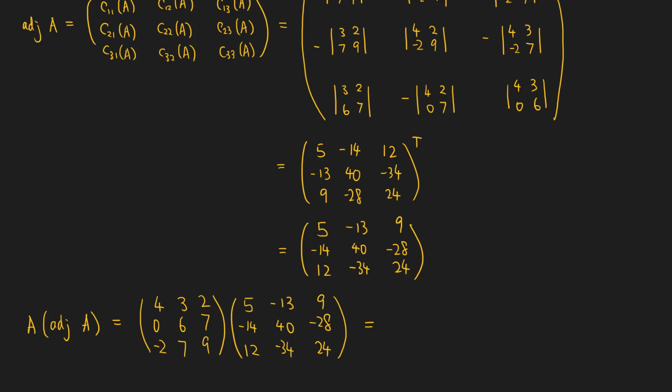Performing the matrix multiplication, we get the matrix 2, 0, 0, 0, 2, 0, 0, 0, 2. As a result, A times the adjugate of A is 2 times the identity matrix.